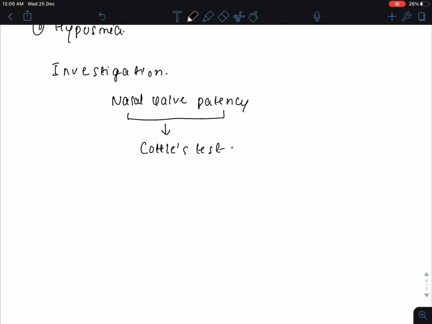Obstruction of nasal valve area by DNS is confirmed. If nasal obstruction is relieved, then we can say that the patient is suffering from DNS. So it is an indication that correction of septum will relieve the obstruction.